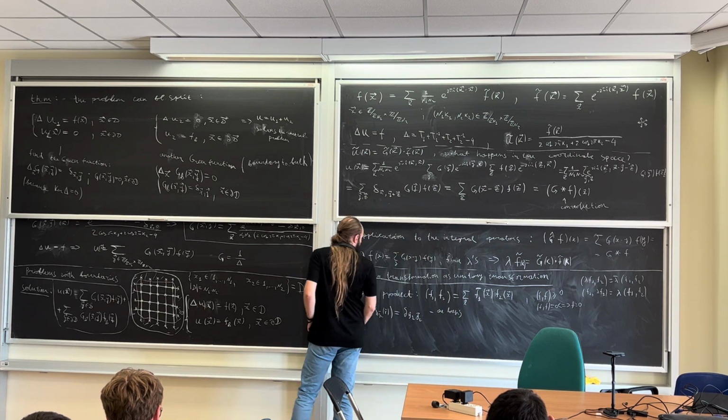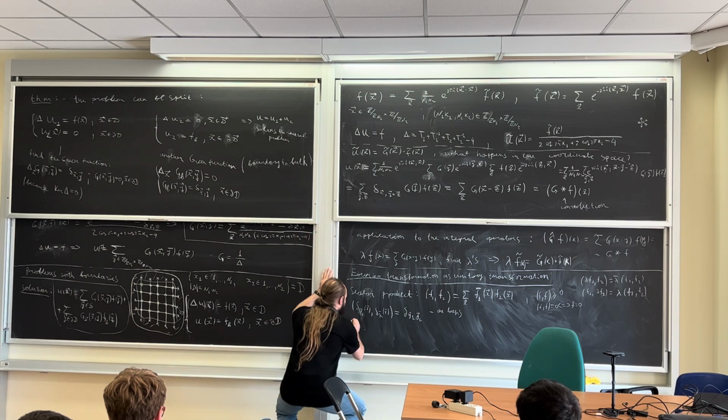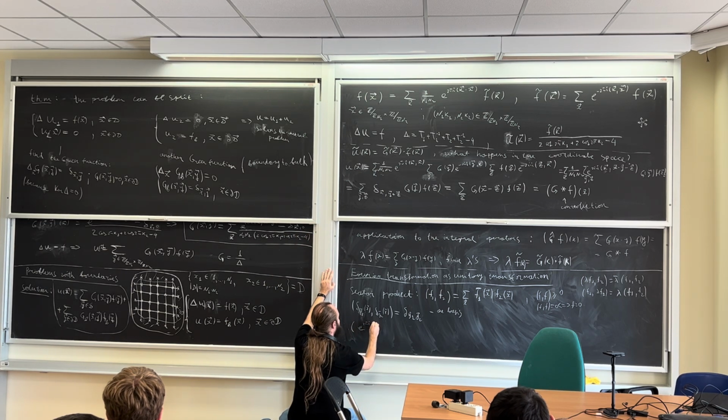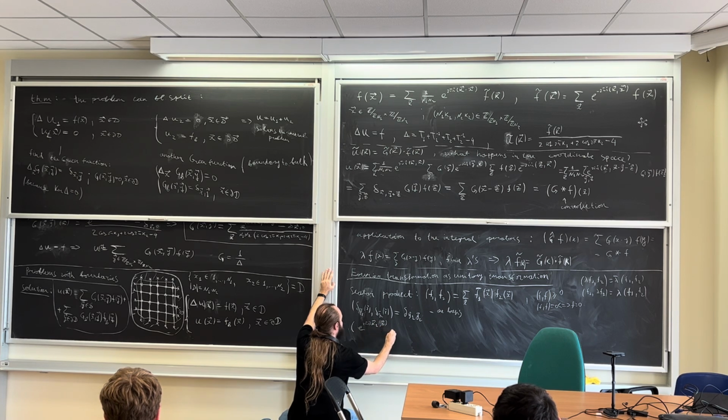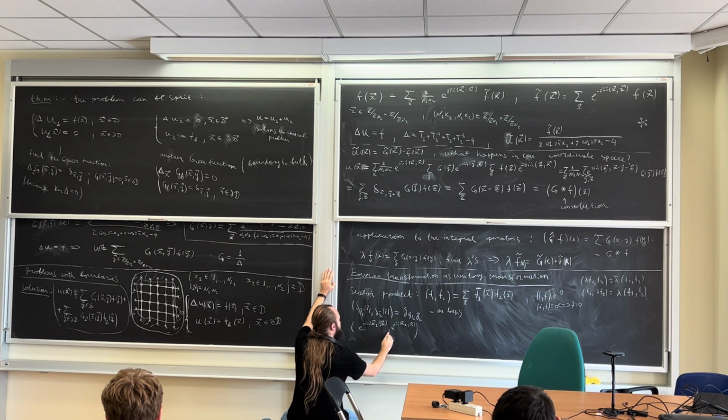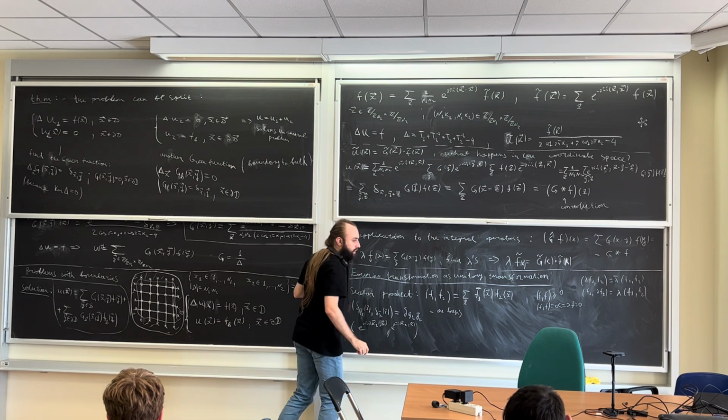Let us now consider e to the 2 pi I k1 times x, and e to the 2 pi I k2 times x. What does it equal to?